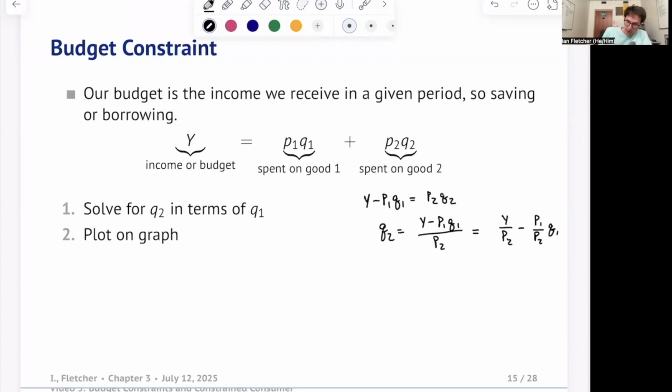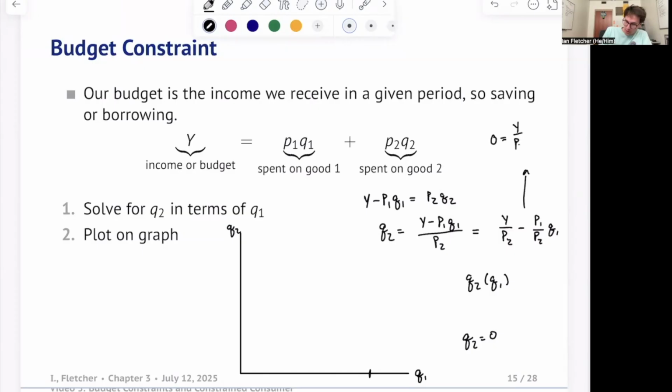And so if we wanted to plot this on a graph, we're going to take Q1 and Q2 over here. And now we've got a function Q2 that takes inputs from Q1. And so on our x-axis, this is going to be when Q2 is equal to 0.